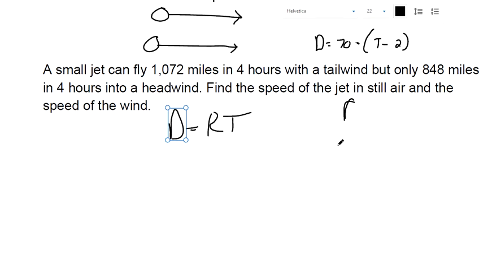With tailwind, that'd be r plus w for the speed. Because the wind is traveling at a certain miles per hour, and we're assuming that the wind is boosting our speed by that amount. So the wind is adding something to the speed in still air.